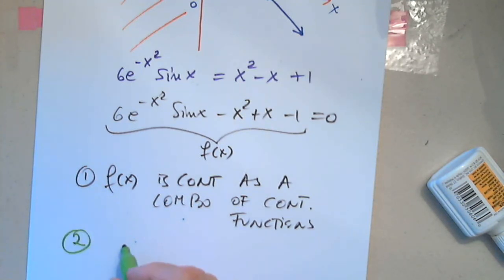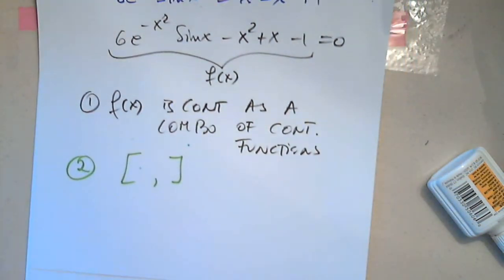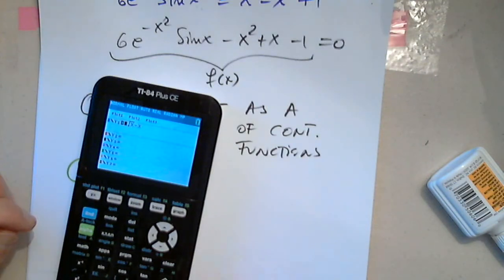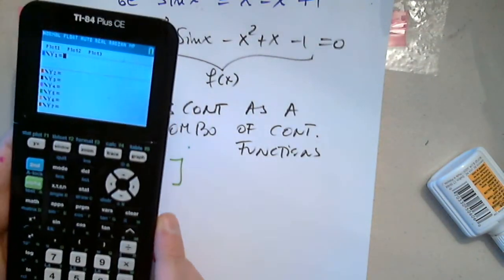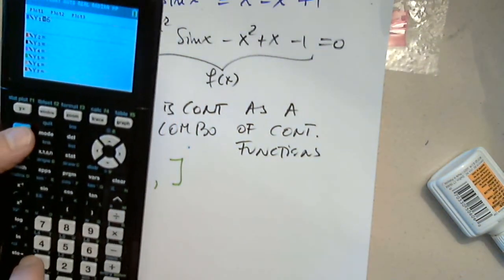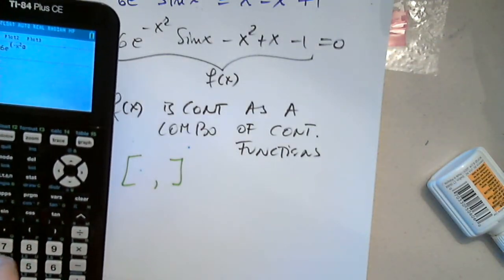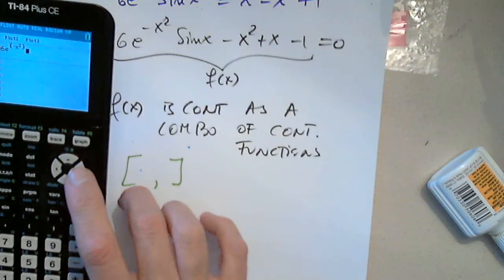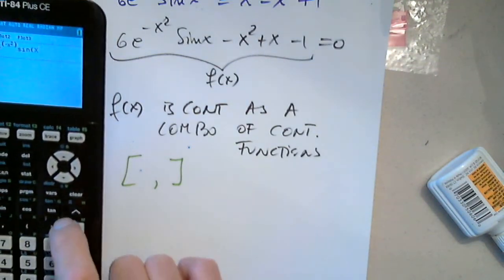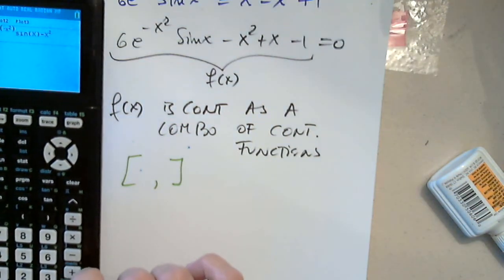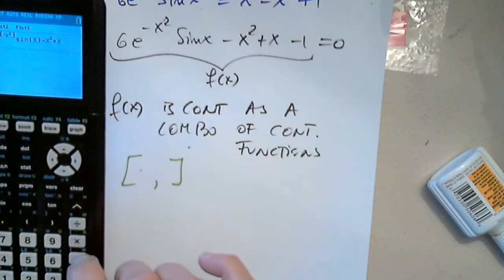In step number 2, I have to find an interval. So I will have to put the function in the calculator. In y equals, clear, 6e in parentheses, -x squared, close the parenthesis, sine x, close the parenthesis, minus x squared, plus x and minus 1.